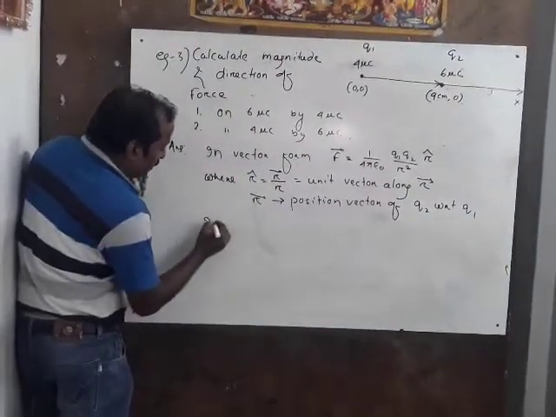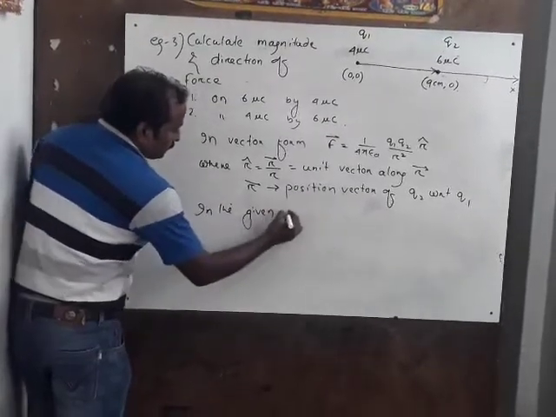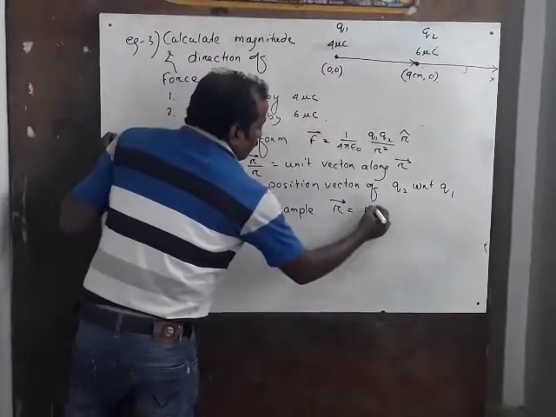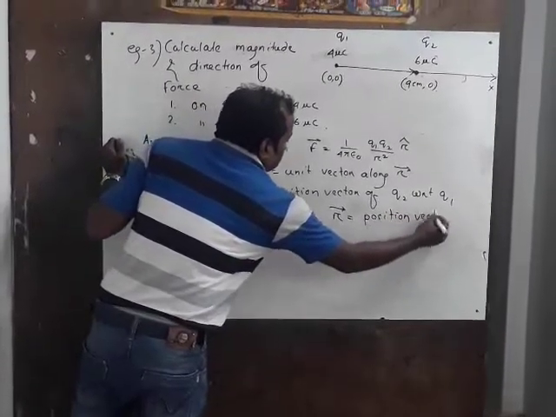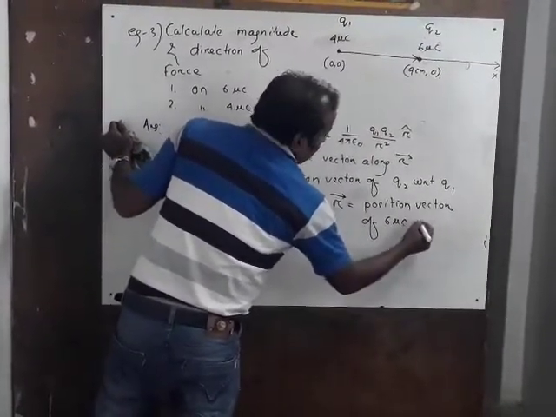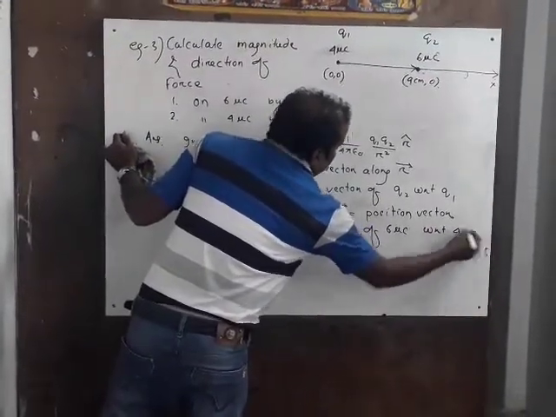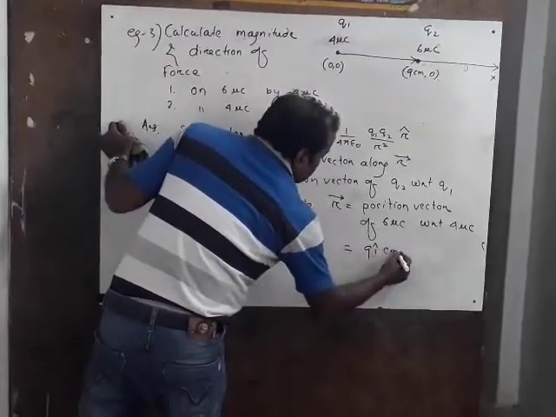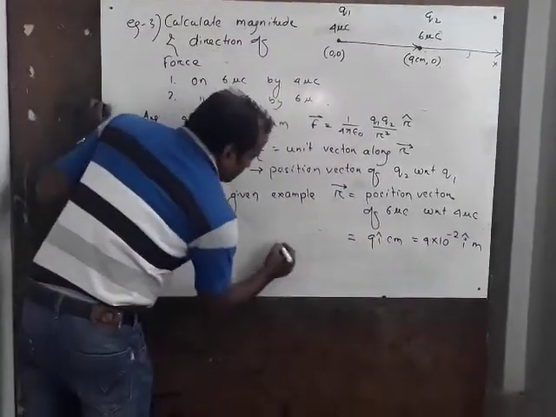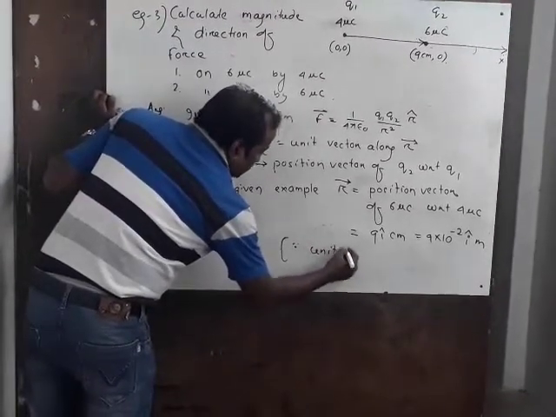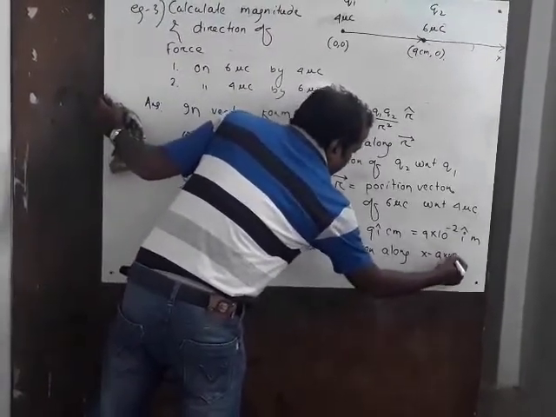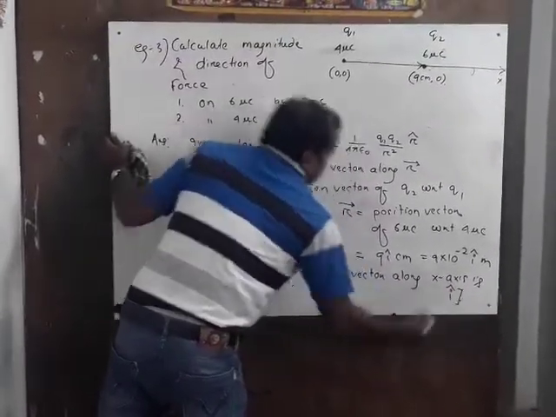Obviously in the given example, R becomes just like this: position vector of 6 microcoulomb with respect to 4 microcoulomb, and it is nothing but 9 i cm, or other way 9 into 10 to the minus 2 i meter, since unit vector along x-axis is i.